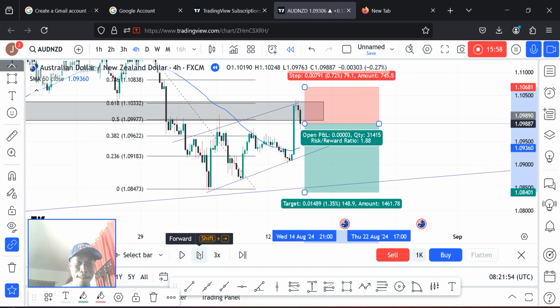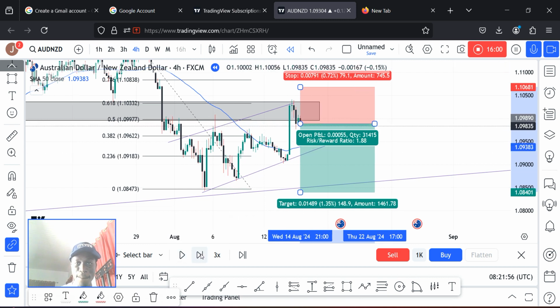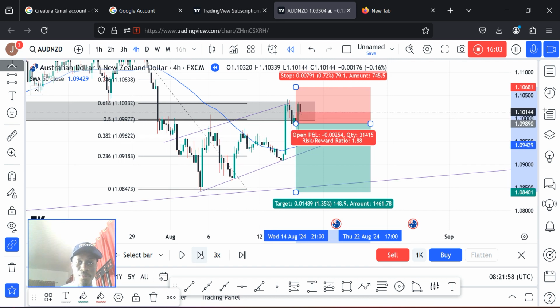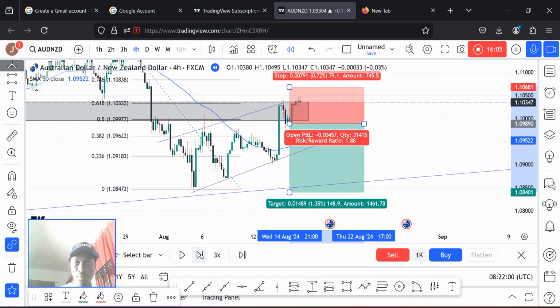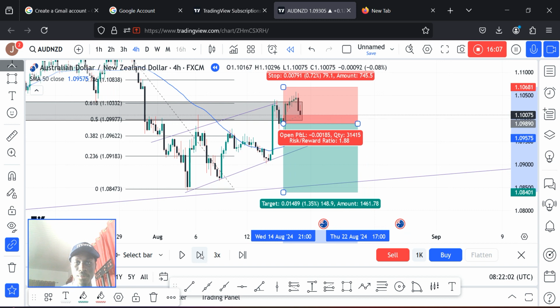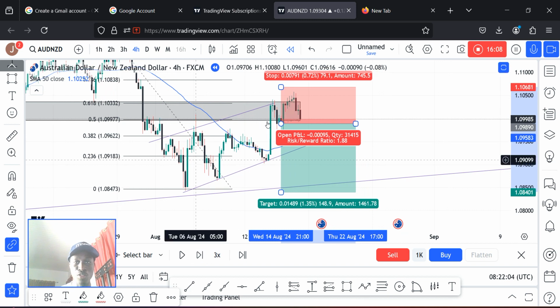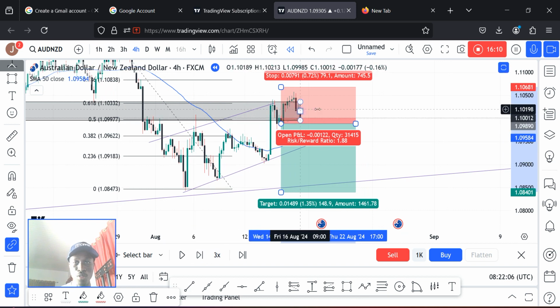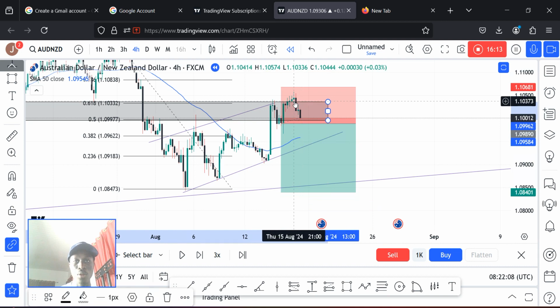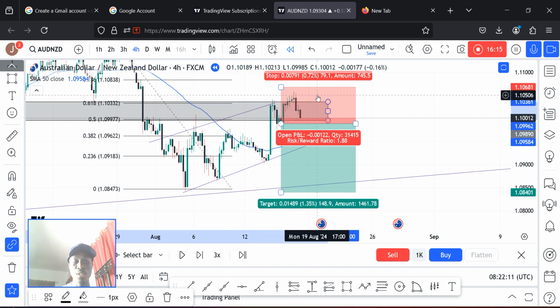We enter, and we can get a stronger confirmation from this whole zone that price has given us a strong bearish engulfing.